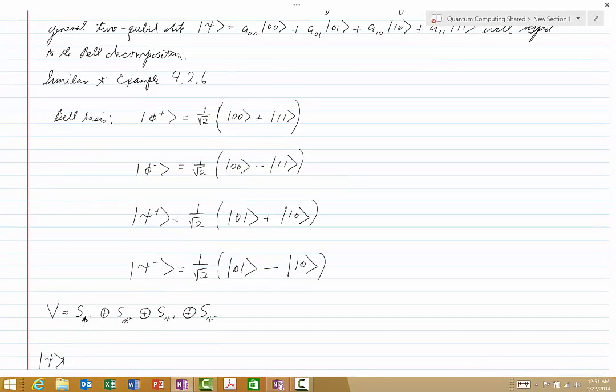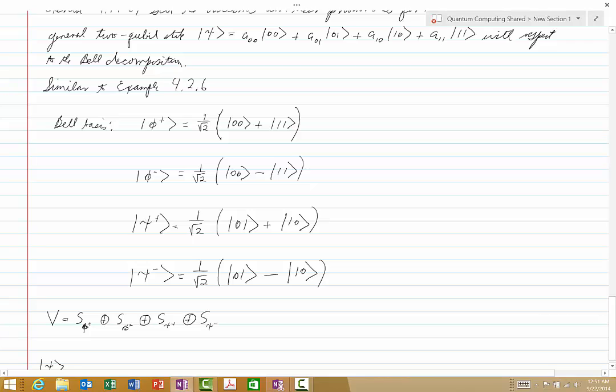There's no real grouping together that would occur in this case, because we're looking for decomposition into these four spaces, so we don't want to group these together. They will remain separate. The only difficulty we have, of course, is that psi is not written in terms of those vectors. It's written in terms of the vectors in the standard basis. So to complete this problem, we need to somehow conduct a conversion from the standard basis to the Bell basis.